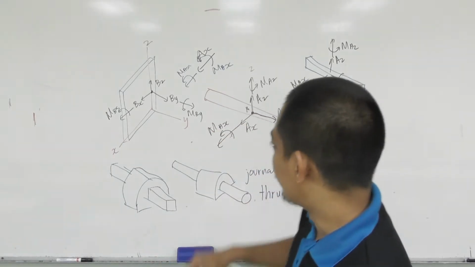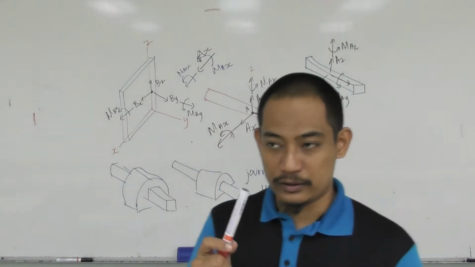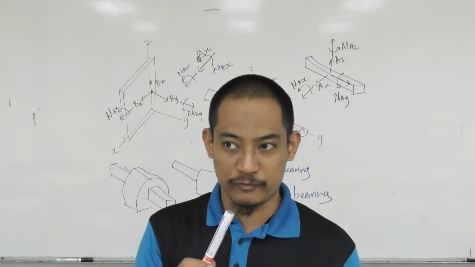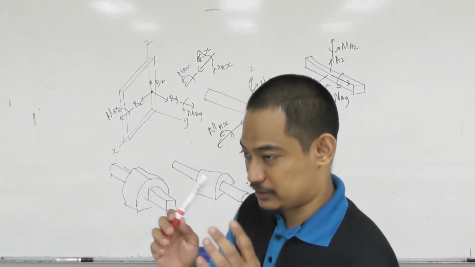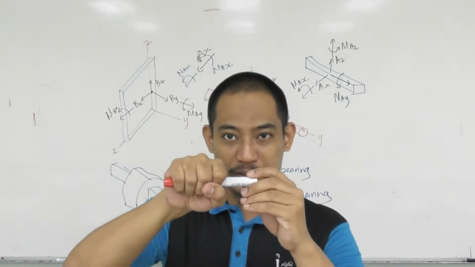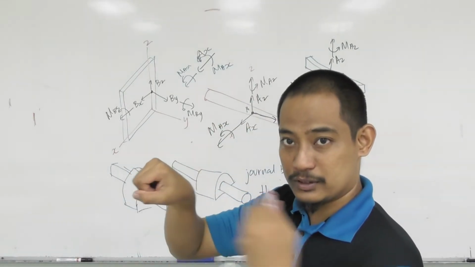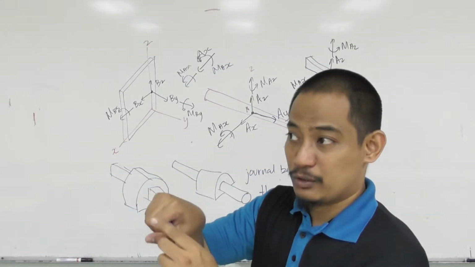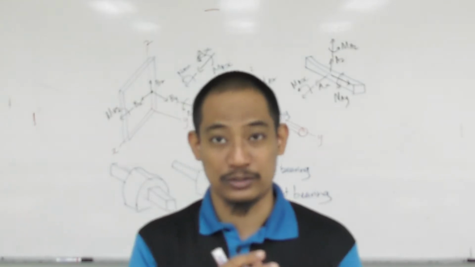However, for general bearing, hinge, etc., the direction that you give is for the most part an assumption, because it restricts both directions, right? When you have a general bearing like this, it restricts both this direction and that direction. So when you draw in an assumed direction, and if it's negative, it's just the opposite.